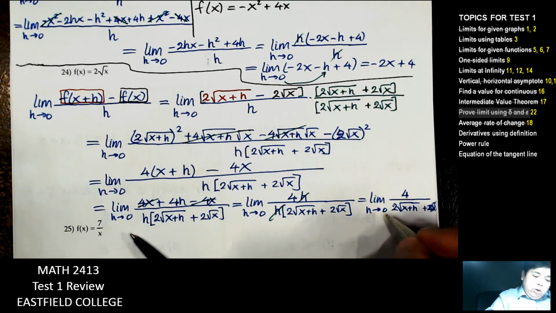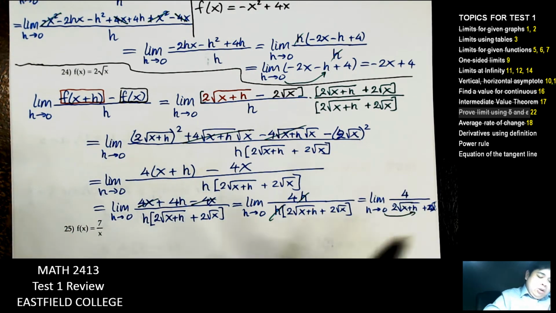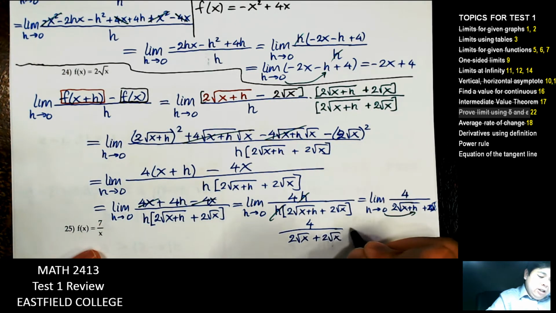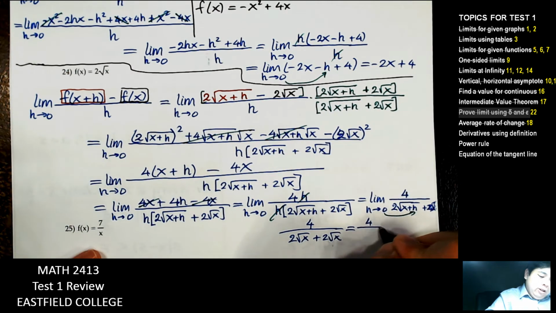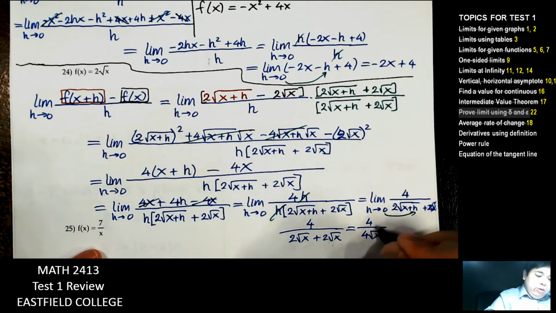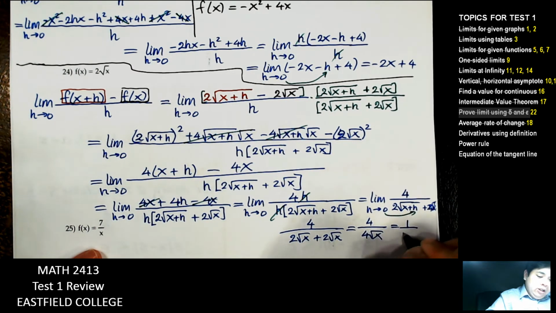And then we put 0 in for h. So we will have 2 square root of x plus 2 square root of x, which is 4 square root of x, over 4 square root of x. The 4s cancel, you have 1 over square root of x.